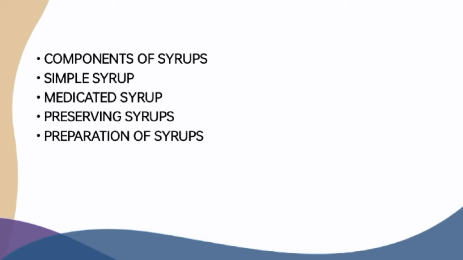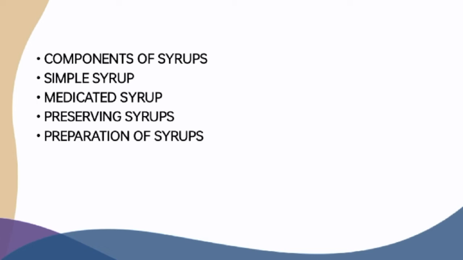The next method is solution by agitation without the aid of heat. No heat is required. All the ingredients are mixed in a vessel larger than the volume of the syrup, permitting thorough agitation of the mixture.